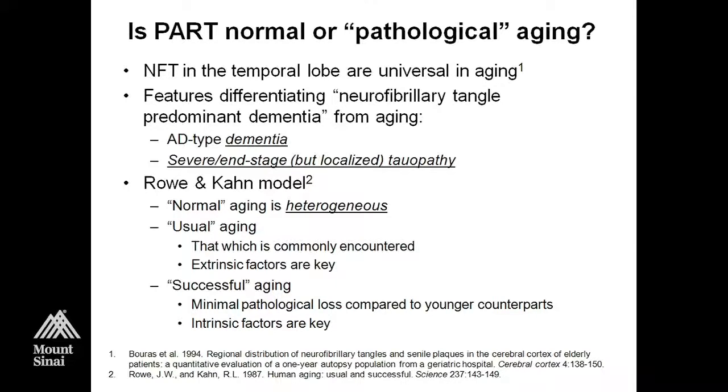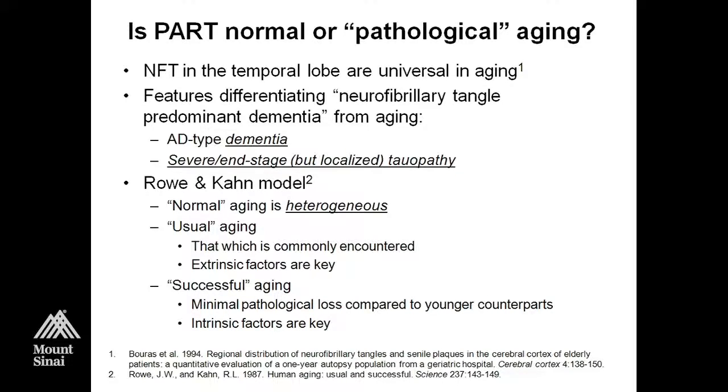They pointed out, for example, if you have a 90-year-old whose memory is shot, you might consider them to be normal when you compare them to age-adjusted controls. But if you compare them to their younger selves, they're going to be a shadow of that. So the usual aging is that which is commonly encountered, that kind of normal.